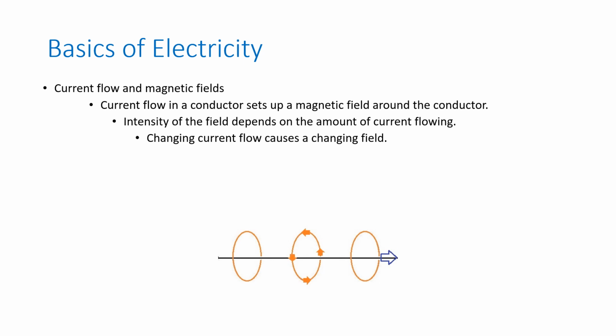Now, it's real important to understand a changing current flow causes a changing field. This is a concept that is vitally important, because a changing or moving field will create current flow in a wire. So what we have here is the black wire that was always there.